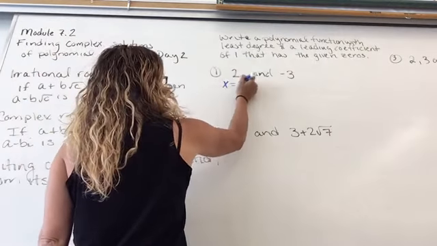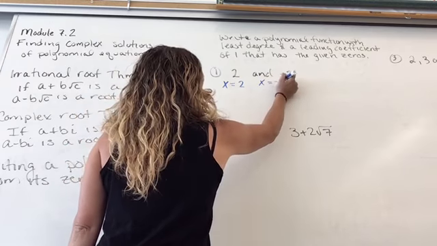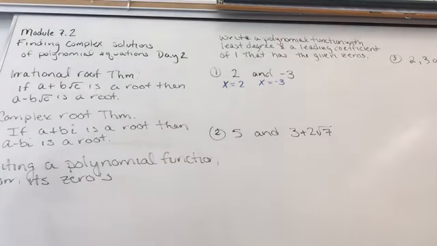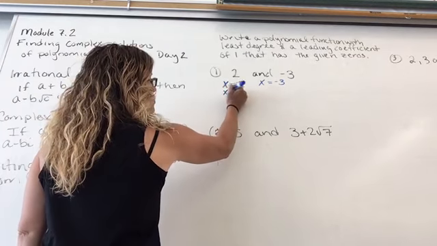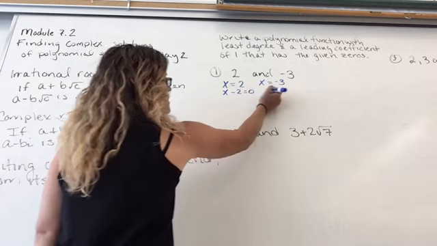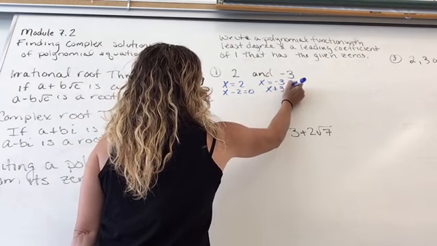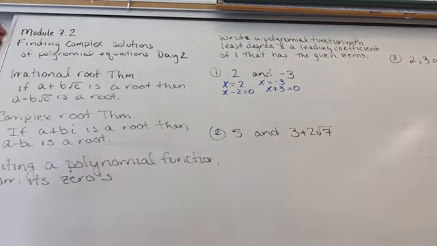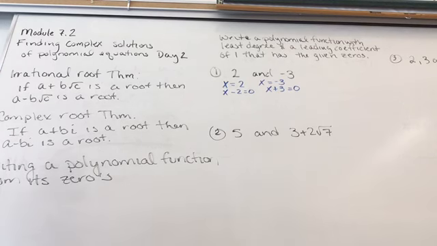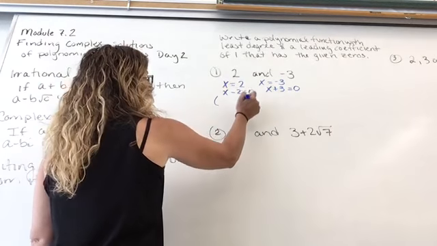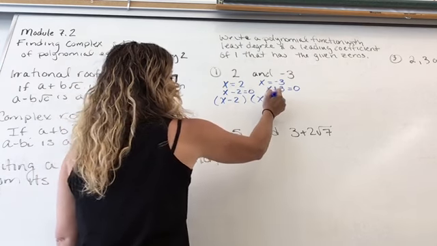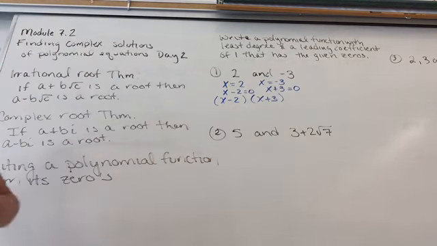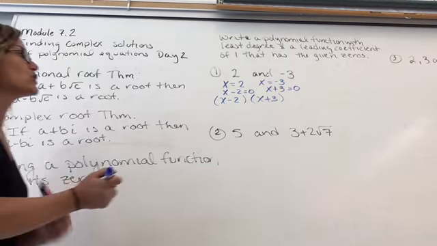So we're going to start. I know my answer is x equals 2 and x equals negative 3. Now I need to go backwards. I need to put this back to what it would have been before I used the zero product property, which means x minus 2 equals 0 and x plus 3 equals 0. We're going to move them to the other side with the x, and I'm going to put them back in the parentheses. So x minus 2, x plus 3, and then I'm going to FOIL it back together.